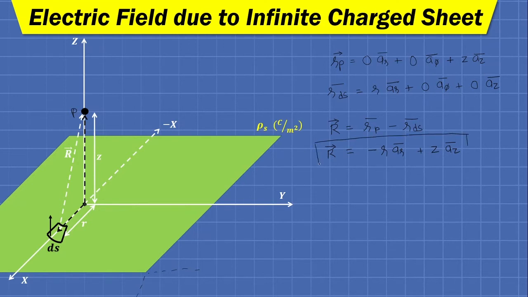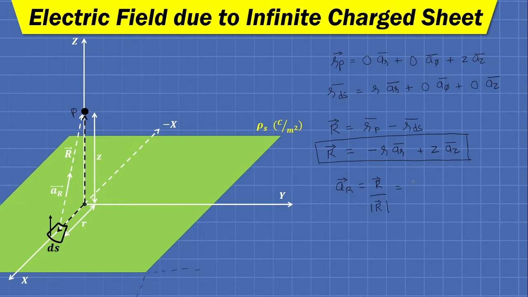Now the direction of field intensity due to ds on point P will be in the direction of the distance vector. So we can represent that direction with the help of a unit vector. So let the unit vector in the direction of R be aR bar, then aR bar can be determined by dividing the distance vector with its magnitude.